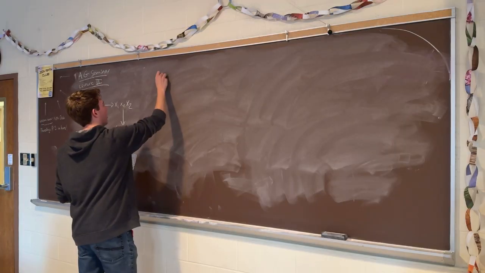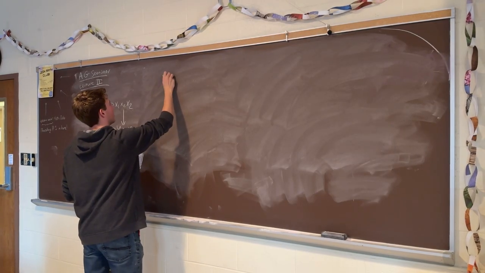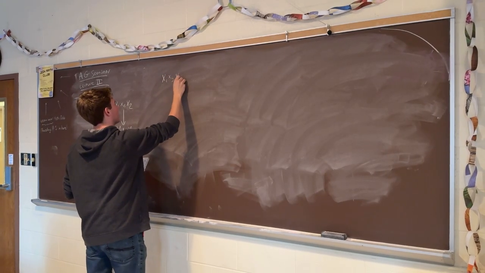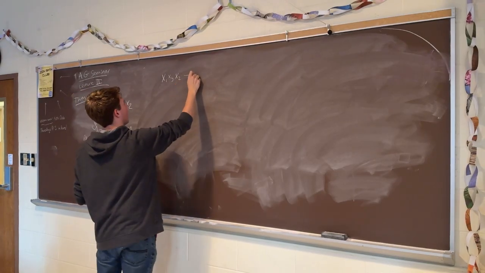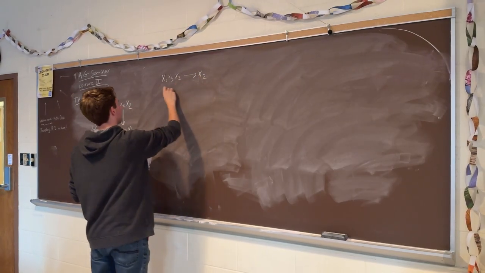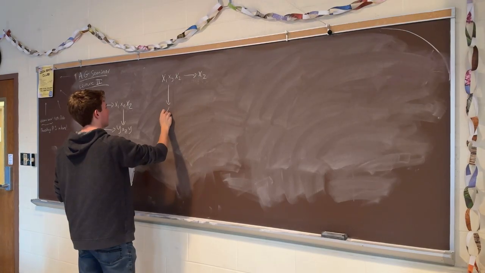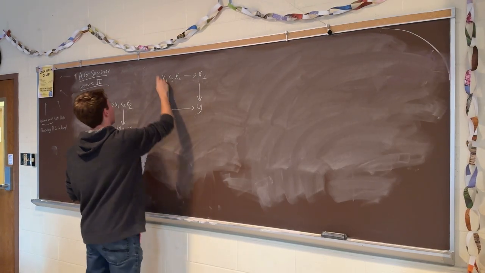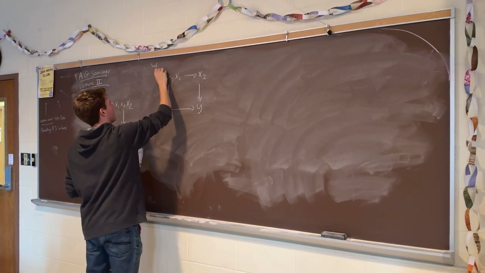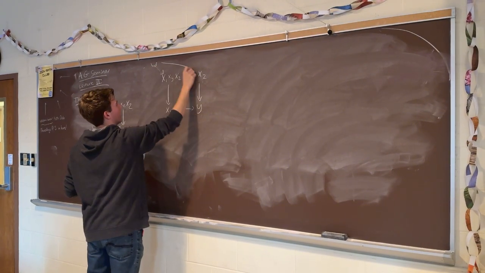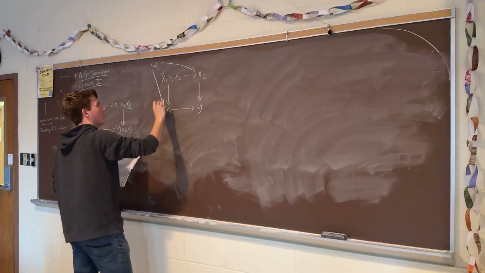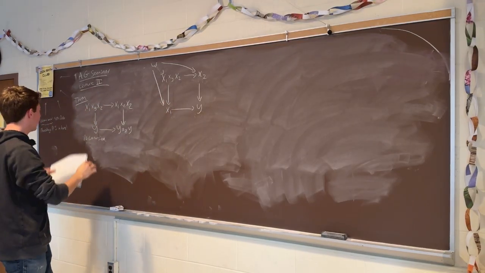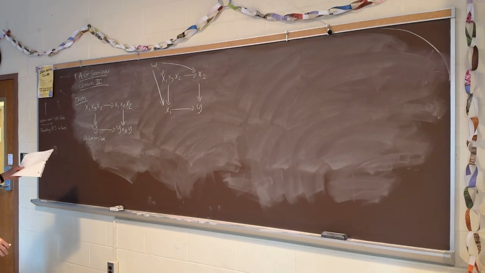So if we have the fibered product through y of x1 and x2, well, we can start by saying this goes to x2, this goes to x1. These things factor into y. We also have w that goes down like so. Okay, this is the first of a few things.